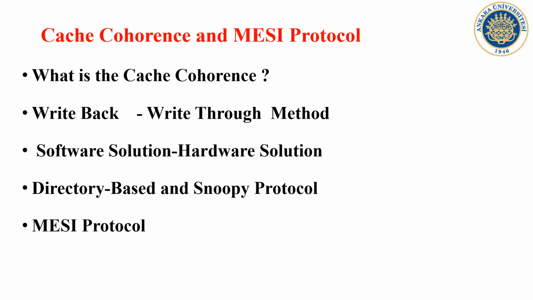In the software-based cache coherence approach, cache usage is restricted and coherence issues are shifted from runtime to compile time. Although this reduces hardware complexity, it increases the burden on the compiler and operating system and generally results in less efficient cache utilization. In hardware-based solutions, snooping and directory-based approaches are used to track write operations across caches.